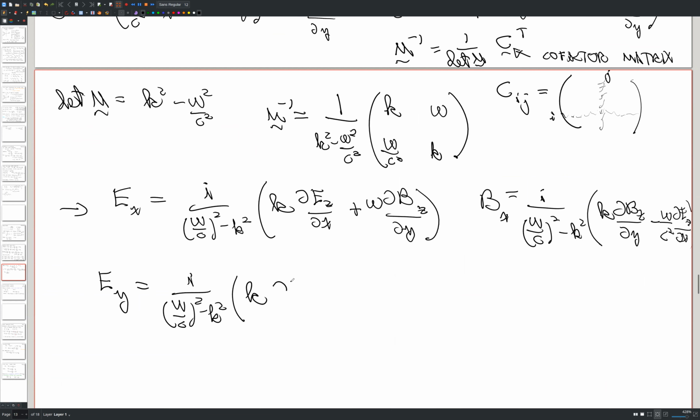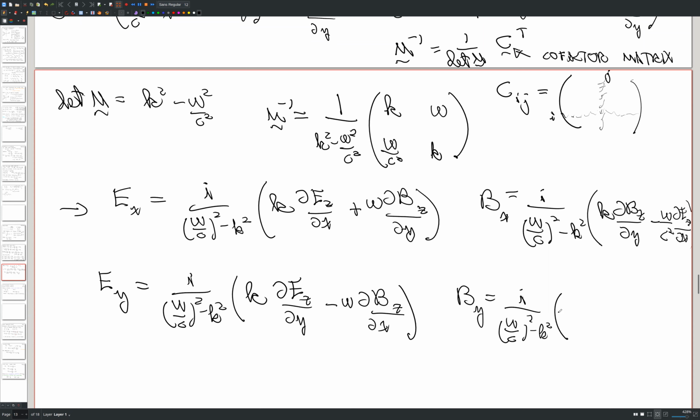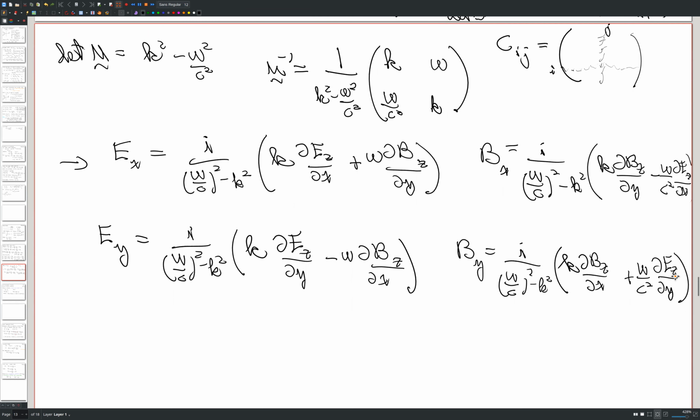So this is now k dEz/dy minus omega dBz/dx. And By is i over minus k squared, k dBz/dx plus omega over c squared, and then dEz/dy. Okay, like boring substitution, really kind of slightly tedious to get right.